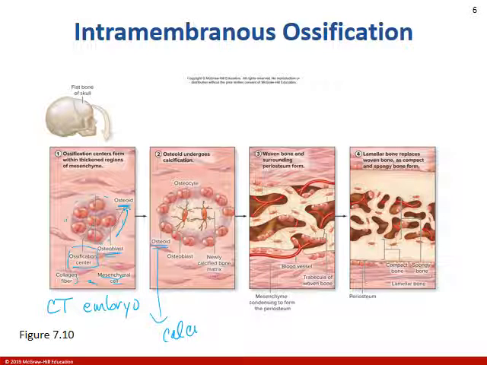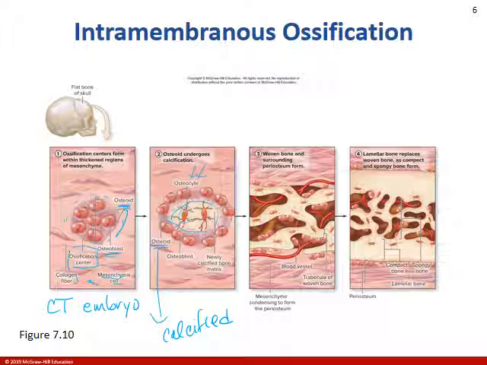Calcified. So eventually we have osteoblasts on the outside, we have calcified crystals on the inside, and we trap some of the osteoblasts, and so now they become an osteocyte. So this should all be a repeat of what we talked about in part 1.